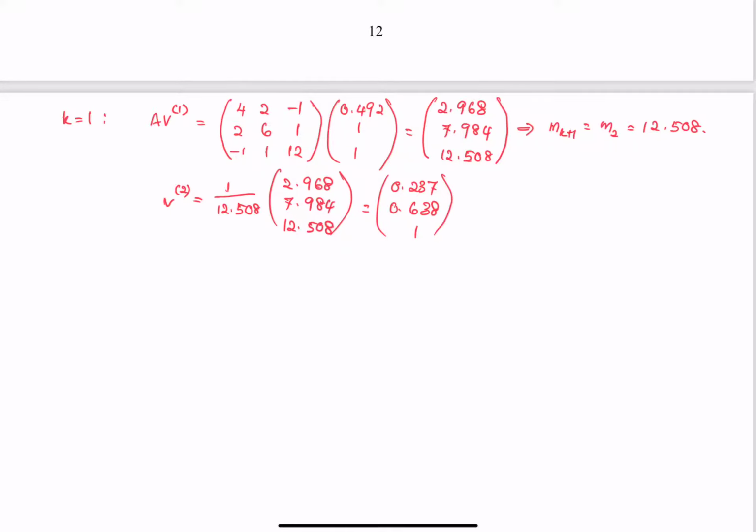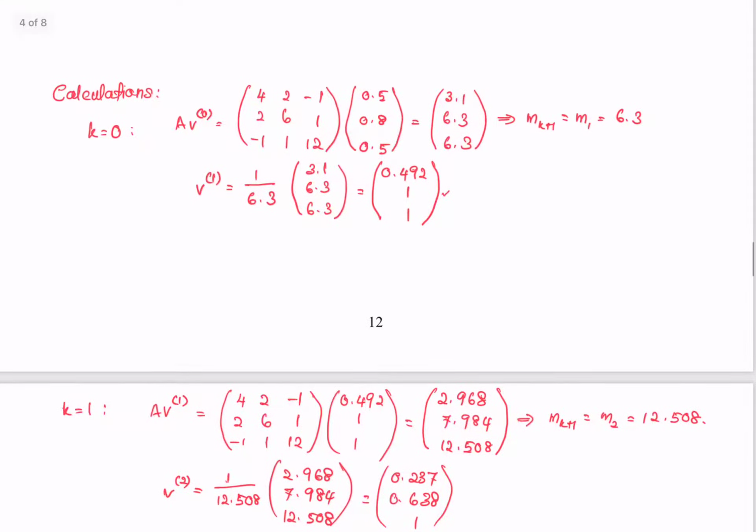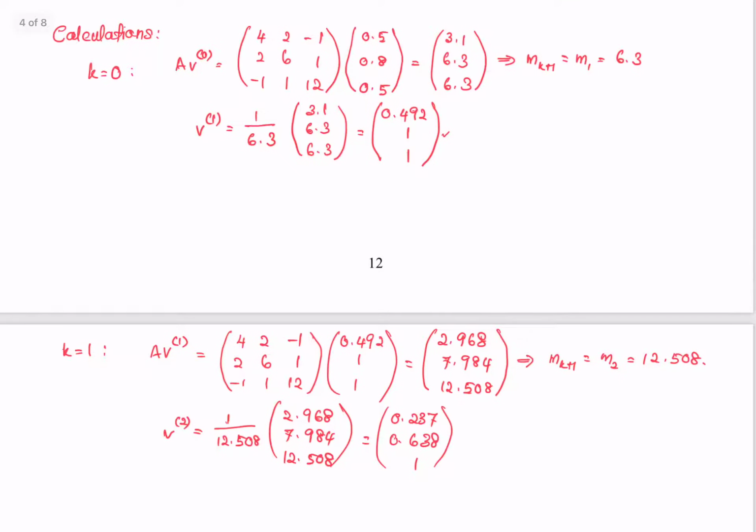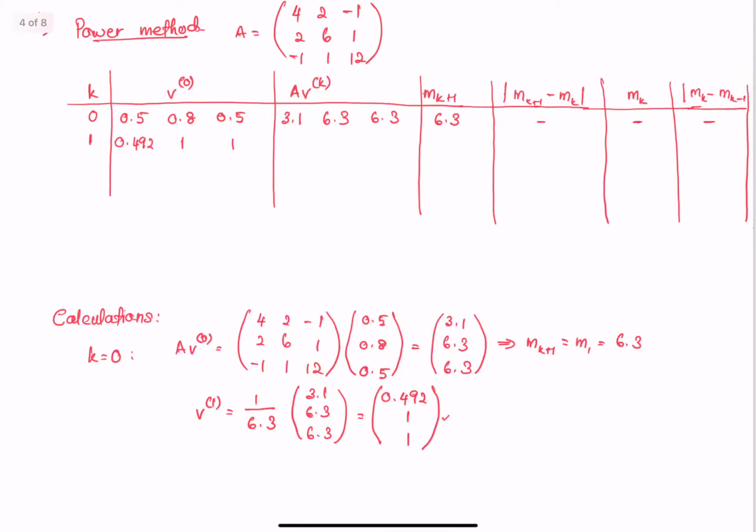And then we can put all our calculation here in the table. Now we have AV1, which is this one, 2.968, 7.984, 12.508, and M_{k+1}.